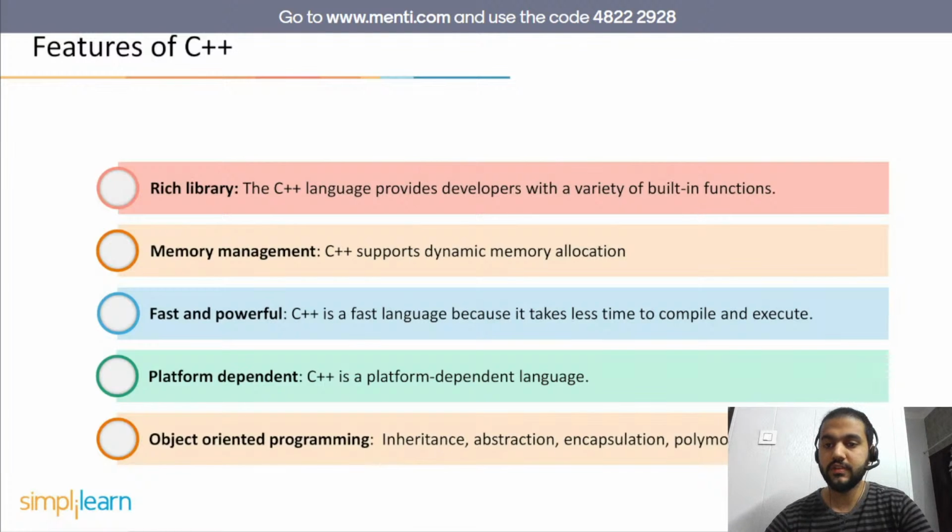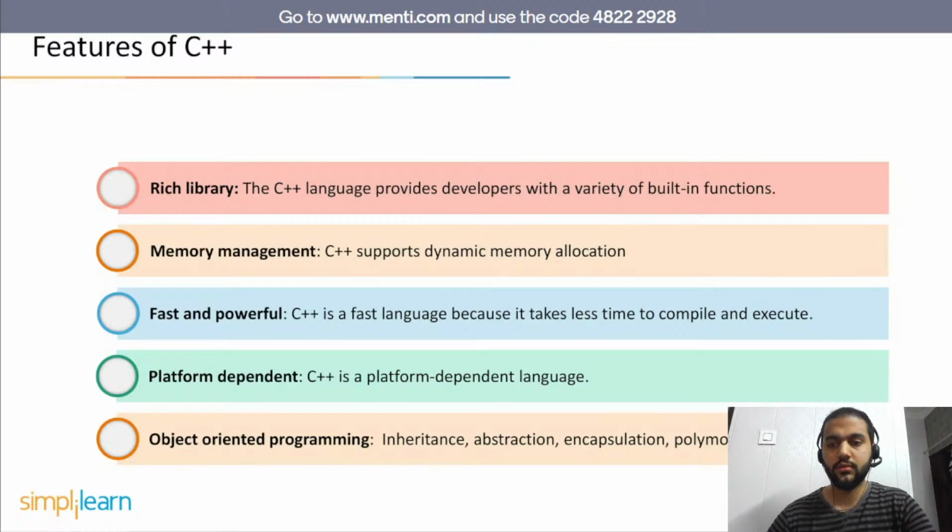Therefore, programs can only be run on the platform on which they were written and compiled. C++ is an object-oriented programming language, which means it has object-oriented properties that enable easier maintenance and development. Inheritance, encapsulation, abstraction, and polymorphism are the concepts of object-oriented programming.